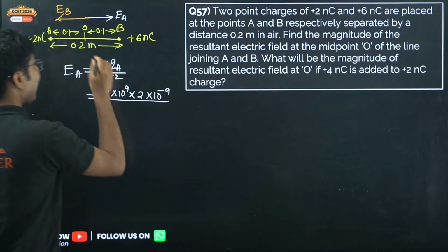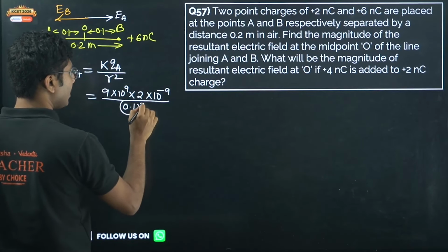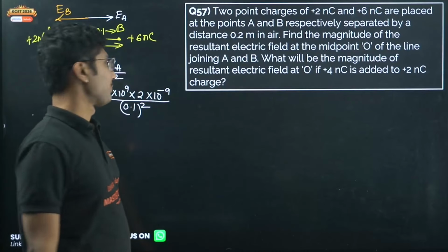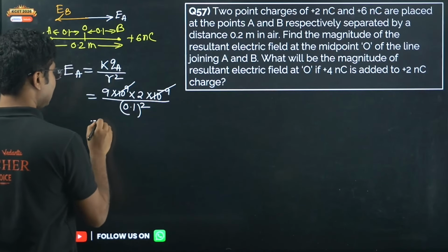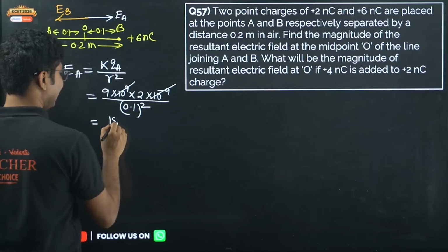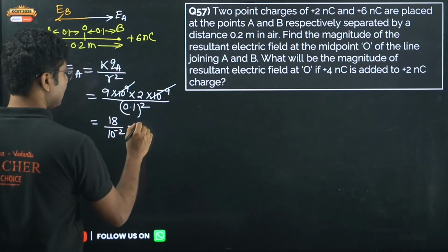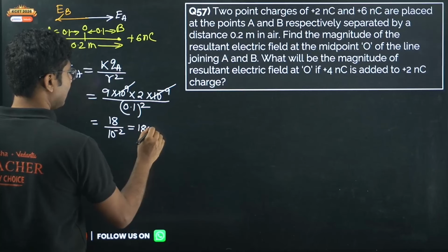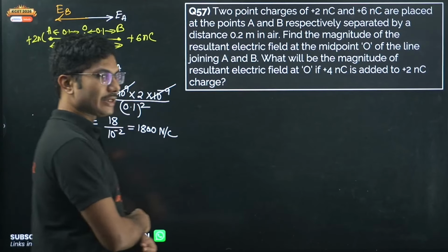What about R? R is given directly in meters, so no need to convert into any units. So 10 to the power of 9 and 10 to the power of minus 9 cancel, and we get 18 divided by 10 to the power of minus 2, that is 1800 Newton per Coulomb. You can check that out using a calculator.